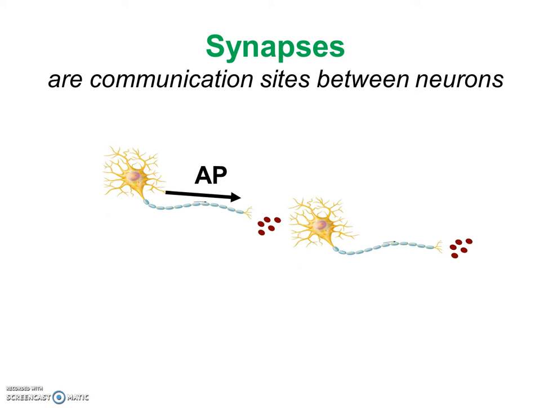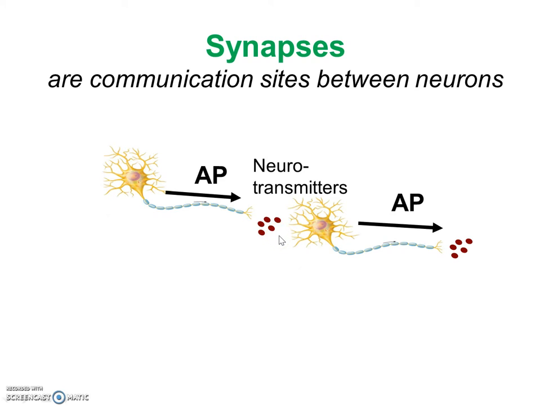The information keeps flowing. But if you have two wires and a gap between them, like air, the information is going to stop. Or if you have a gap between the wire and your computer, right, if it's not plugged in, again, the information is not going to flow. So again, the synapse is like that empty space. It's like air between. So the action potential can't flow across the synapse.